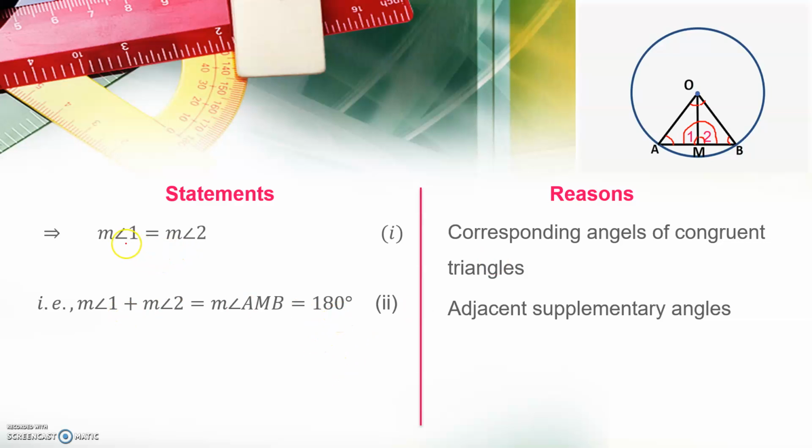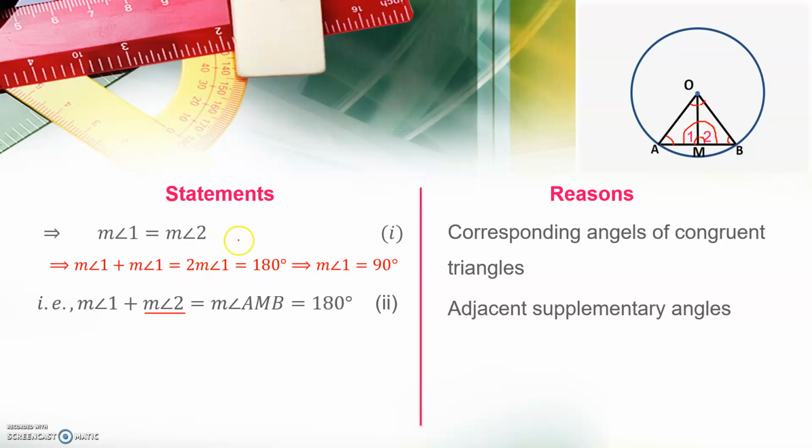And from equation 1 we know that measurement angle 1 is equal to measurement angle 2. So from this equation, angle 2 can be written as angle 1. So angle 1 plus angle 1 is equal to 2 times angle 1, which is equal to 180 degrees.